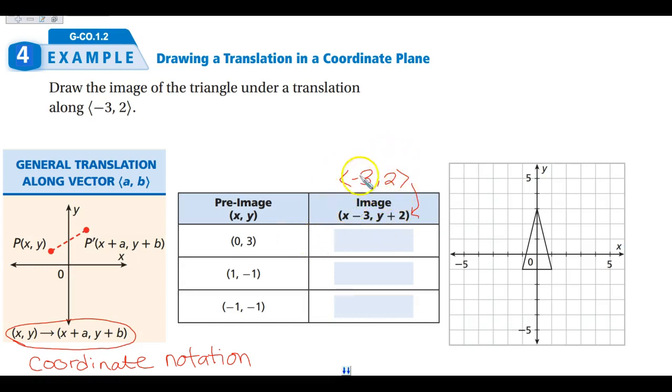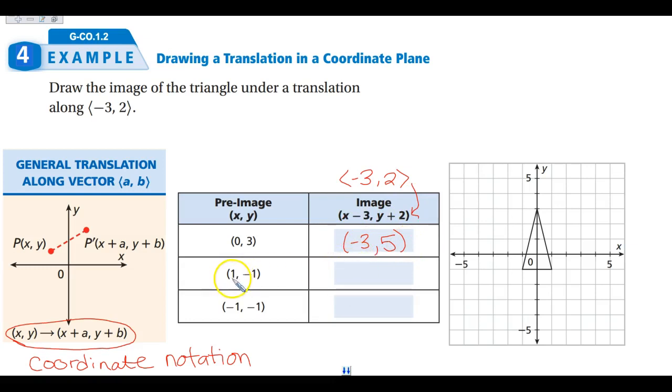So that means that every x coordinate is going to have 3 subtracted from it, and every y coordinate is going to add 2. All right, so if I take my 0 coordinate here and I subtract 3, I'm going to get -3. My y coordinate, I'm going to add 2, so this is going to go to 5. Now, these are parentheses because these are ordered pairs. These are coordinates, so make sure angle brackets are vectors and parentheses are points.